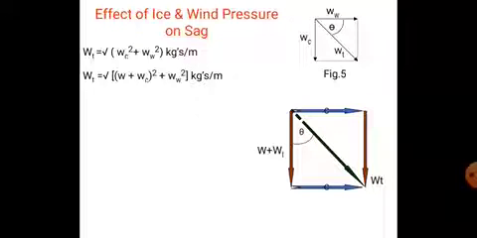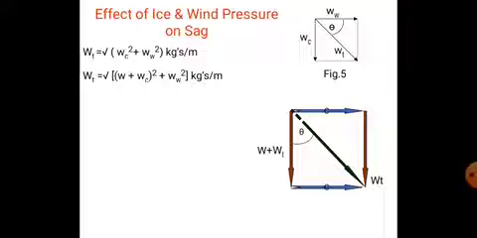So Wt, the total weight of the conductor, is equal to square root of Wc whole square plus Ww whole square.